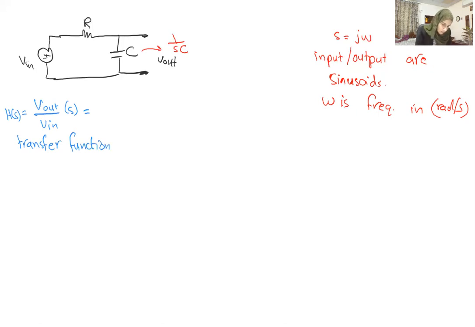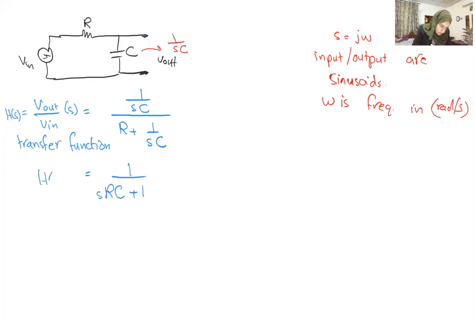So this is equal to a form of a voltage divider, 1 over sC divided by R plus 1 over sC, which we can simplify in order to get rid of this. So it will be 1 over (sRC plus 1).